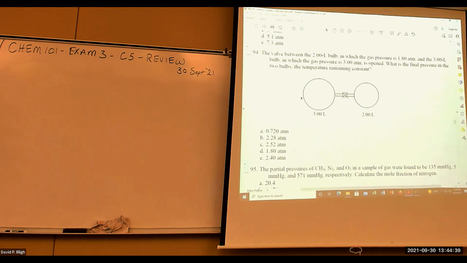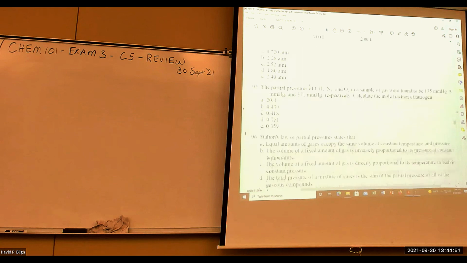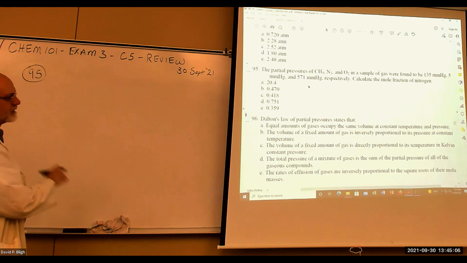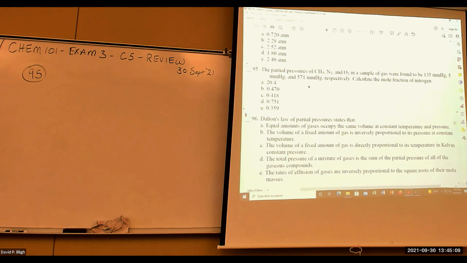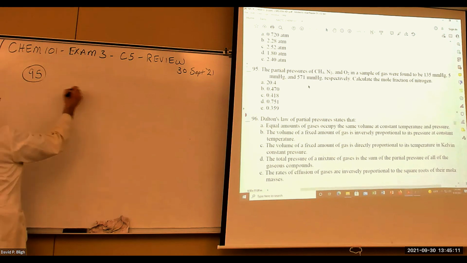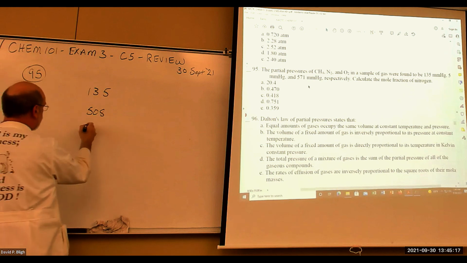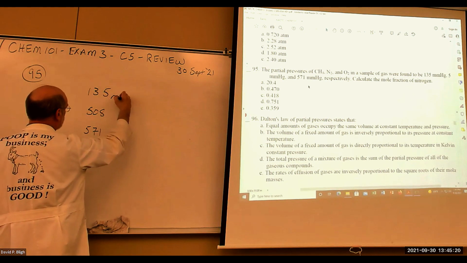Okay, let's see. 95. Ooh, went to scroll. 95. The partial pressures of methane, nitrogen, and oxygen gases were found to be 135, 508, and 571 millimeters of mercury.